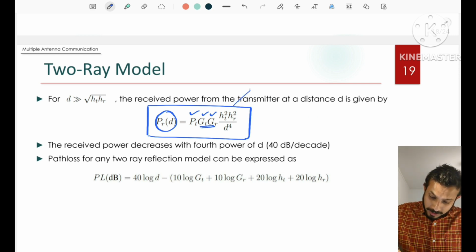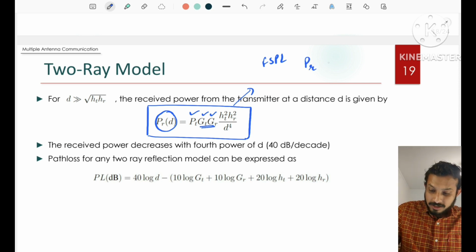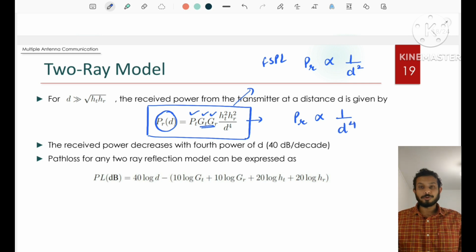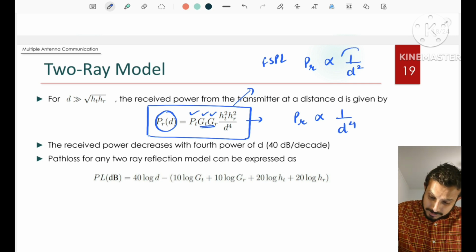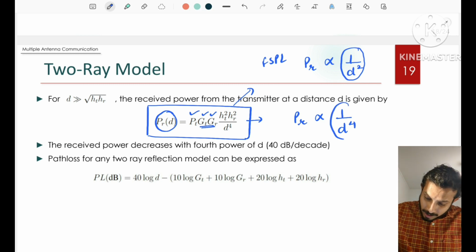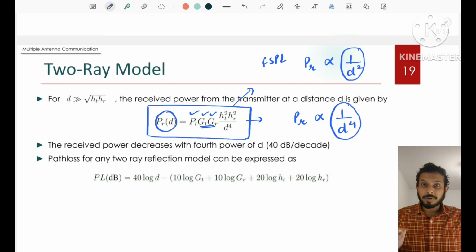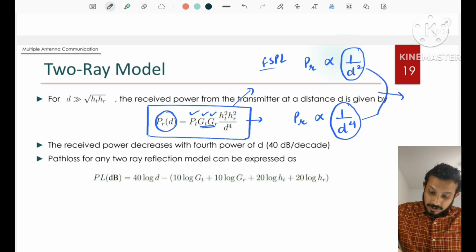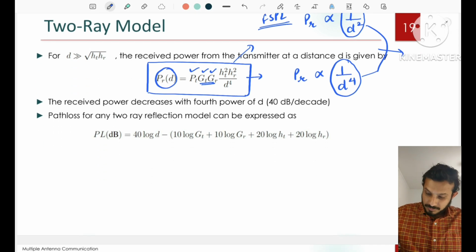Before, in the free space path loss model, we saw that the received power is proportional to 1 upon distance square. But here it can be seen that received power is inversely proportional to the distance raised to power 4. So this indicates that after taking only one reflected ray, there has been a sufficient decrease in the received power compared to the free space path loss model.